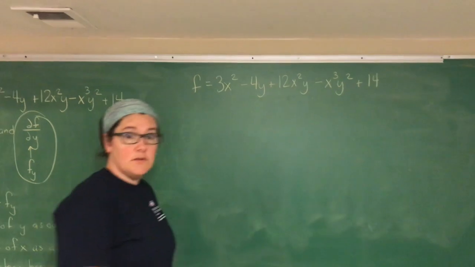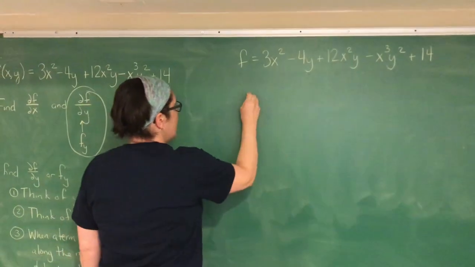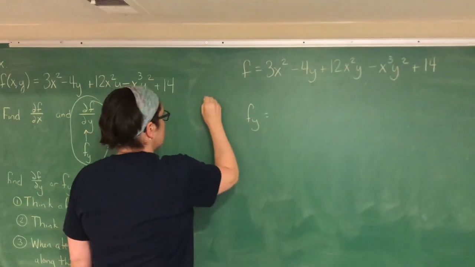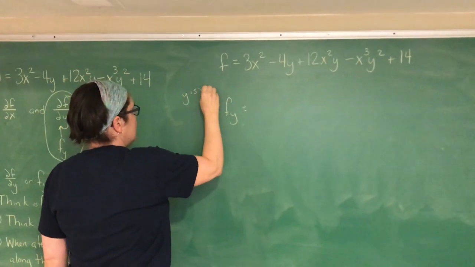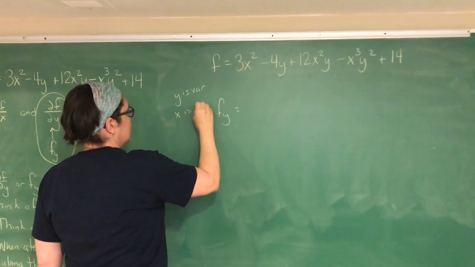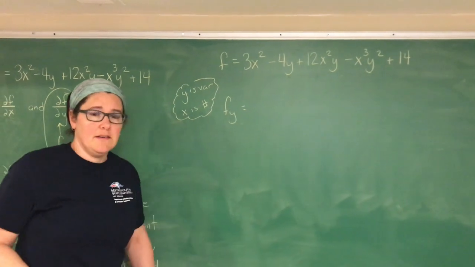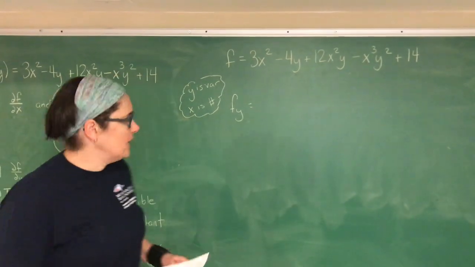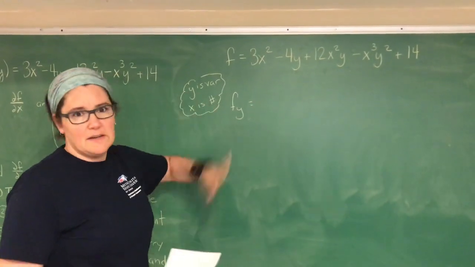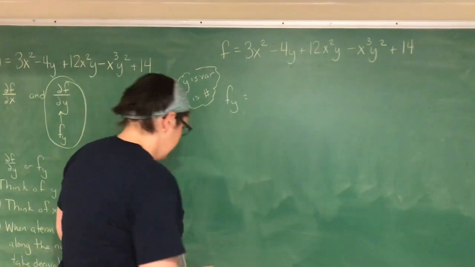And we want to find the partial derivative with respect to y. So I want to think about y as being our variable and x is a number. And I really do write that down every time I do one of these problems, because if you mix that up, then everything gets wrong. Okay, so y is our variable and x is a number.